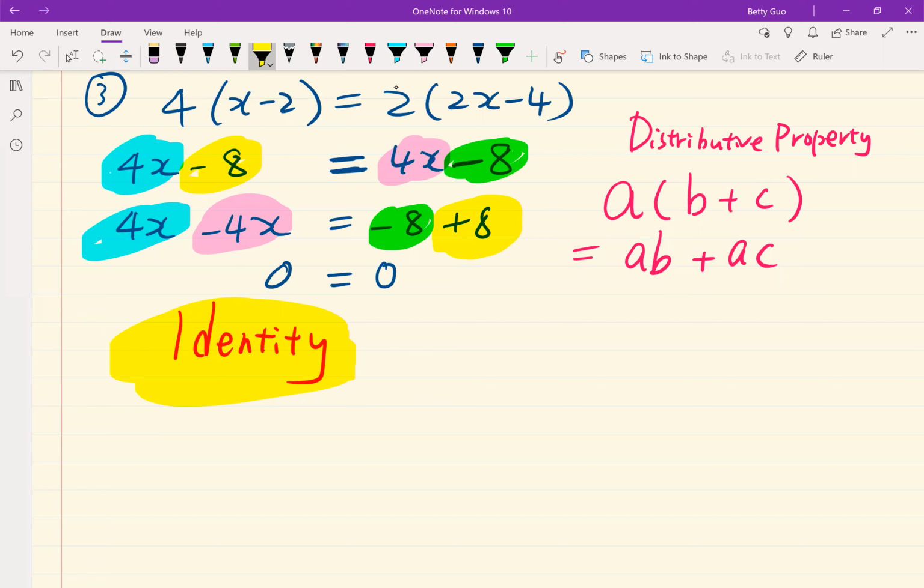Because the left-hand side is 4x minus 8, if you look at this step, and the right-hand side is also 4x minus 8. After we simplify, it means that no matter what value x equals, the equation is always true. That is an identity.